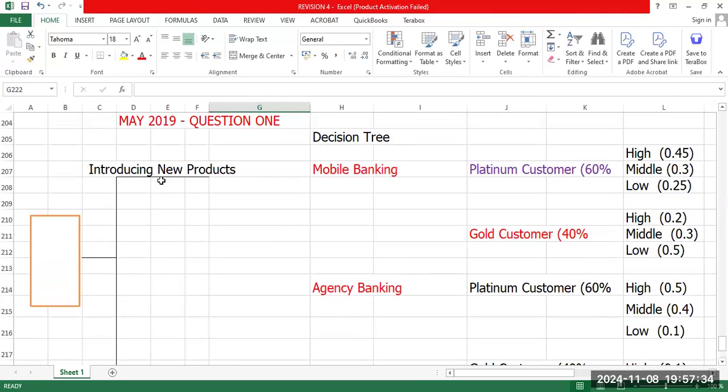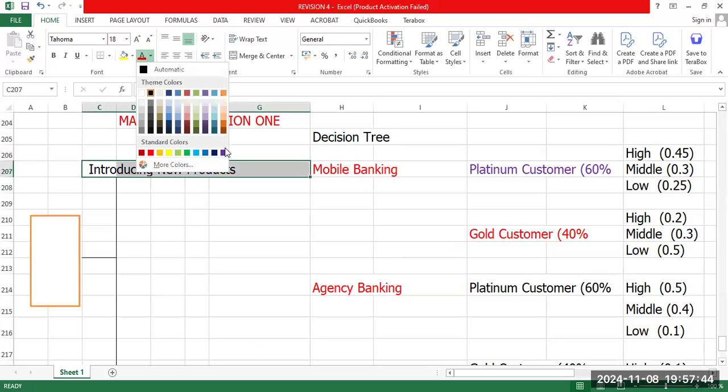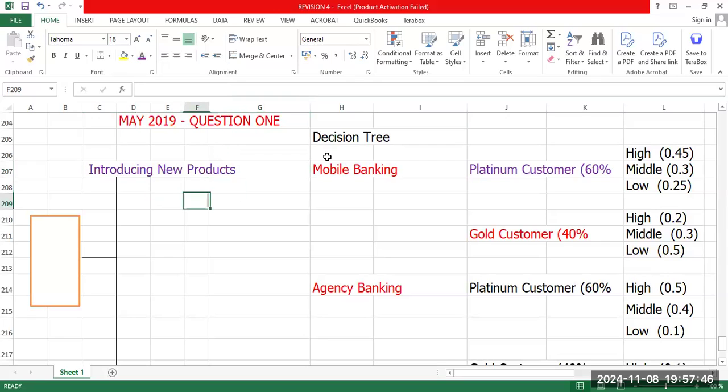Then the next, number 2, is that if I introduce new product, I will have other options, either bring in mobile banking and the agency banking.